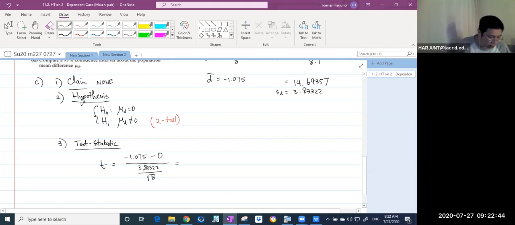I use my calculator. Negative 1.075 divided by 3.8332. I get negative 0.79321.